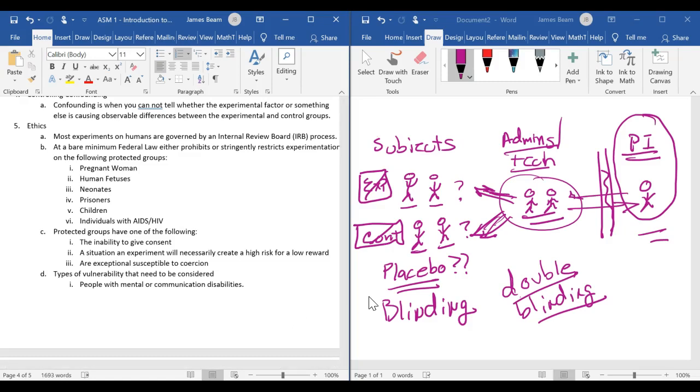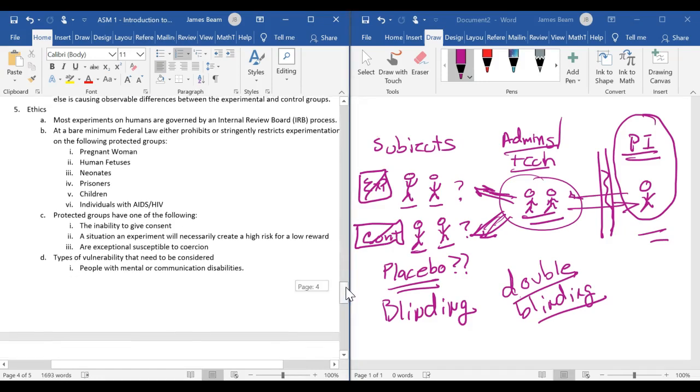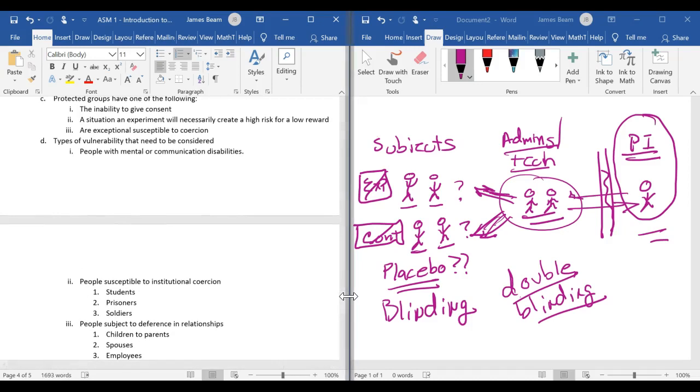Types of vulnerability that even have to be considered, even if they're not in a protected group, are people who have mental or communication disabilities. And under communication disabilities, language barriers could be considered there. So if you're doing an experiment and all of the instructions are given in English and you have somebody who's not a native English speaker involved in the experiment, they're considered vulnerable.